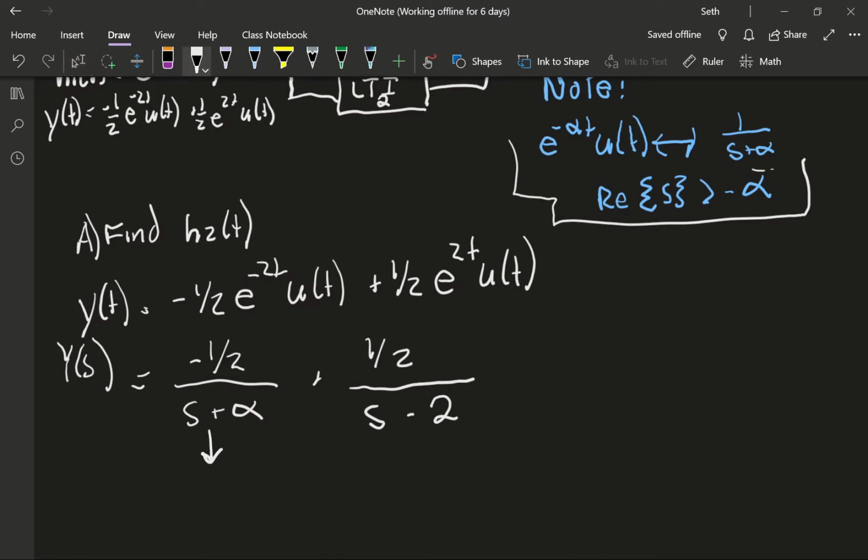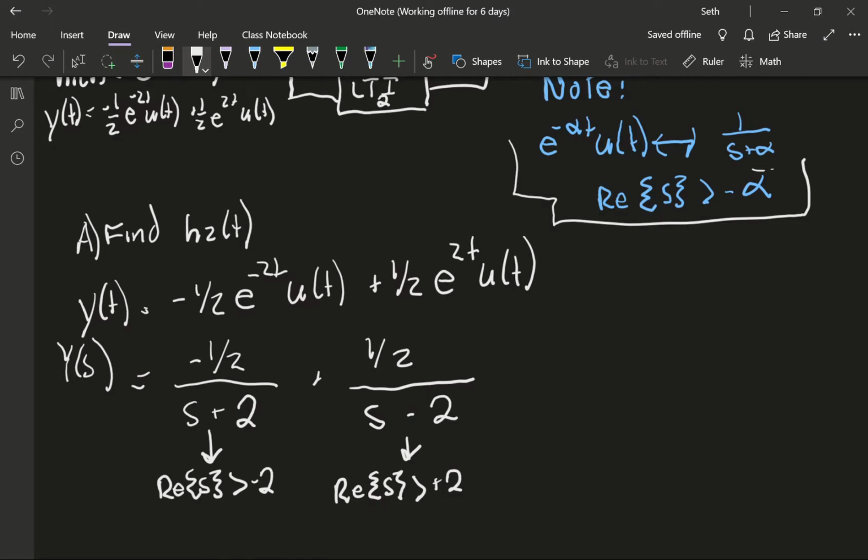For this bit, we know that the real part of s must be greater than minus 2. Sorry, I wrote alpha. And the real part of s here must be greater than plus 2.